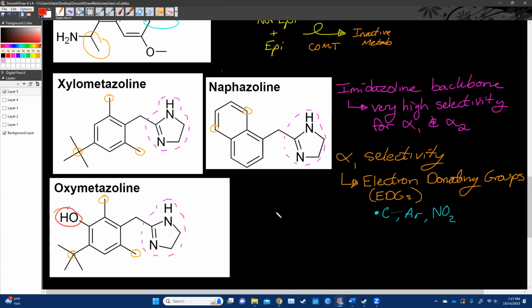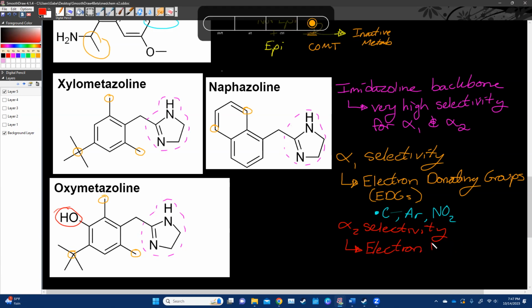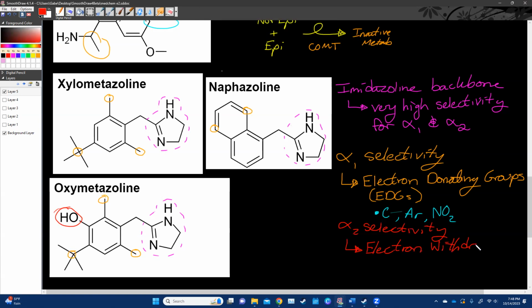What's important to note here is that for alpha 2 selectivity, we need electron withdrawing groups, or EWGs.